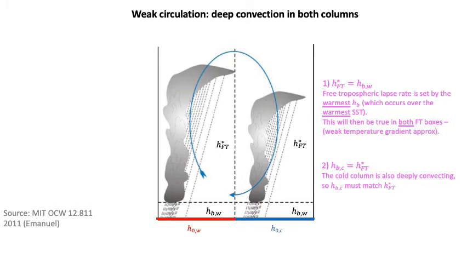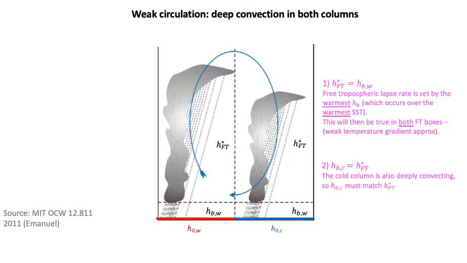So second is that the cold box boundary layer moist static energy also has to equal the free tropospheric saturated moist static energy in its column. So the cold column is also deeply convecting here.